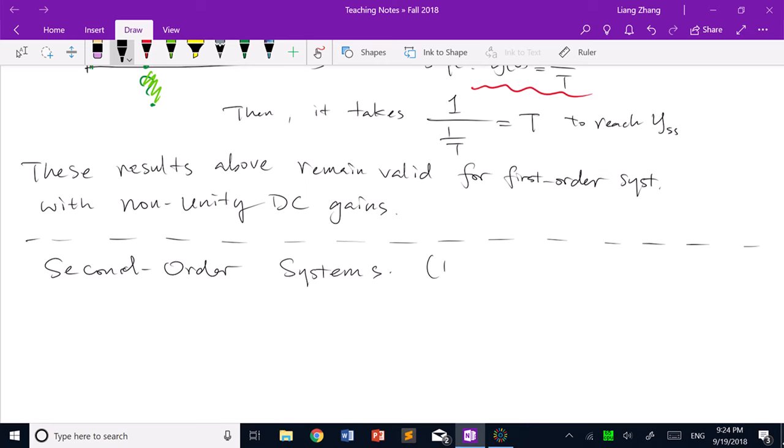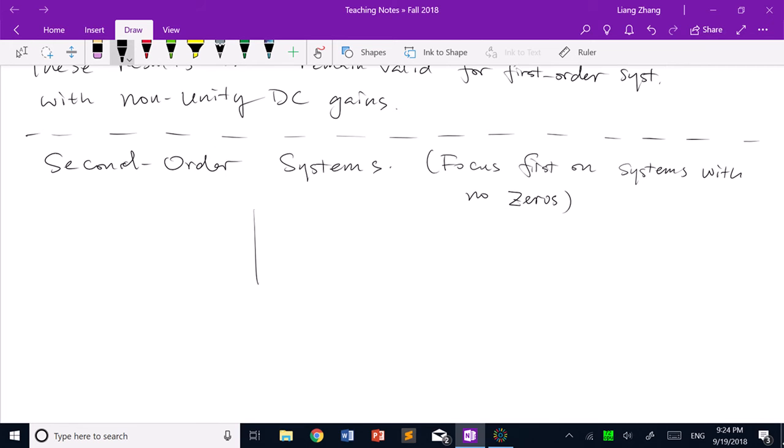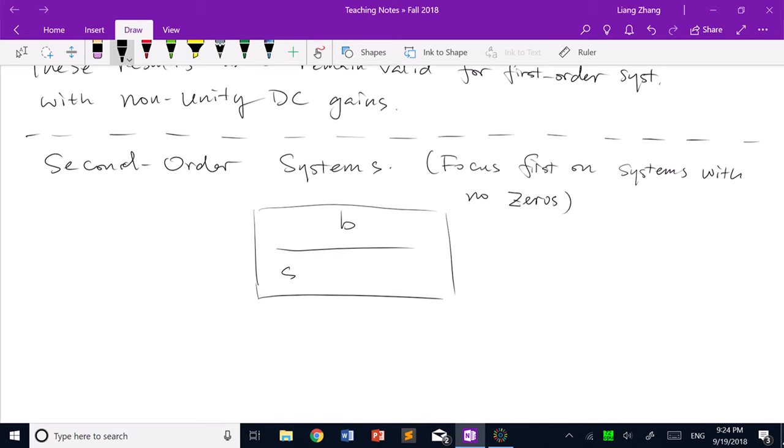And we're going to focus first on systems with no zeros. No zeros means that if we look at the transfer function, the transfer function only has a constant term in the numerator, nothing else.